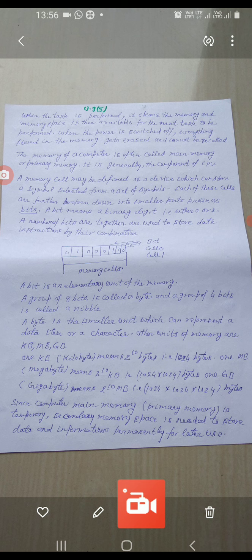Since computer main memory, which is called primary memory, is temporary, secondary memory space is needed to store data and information permanently for later use.